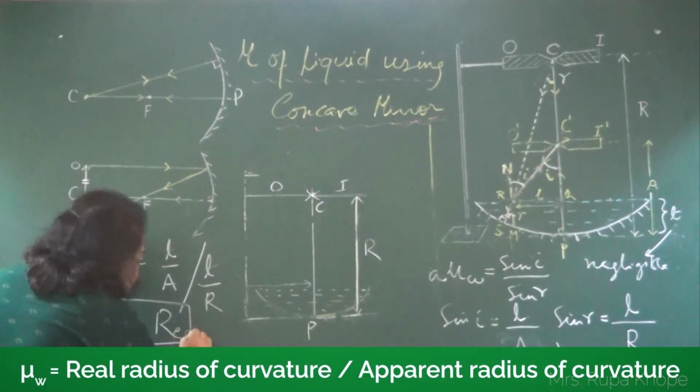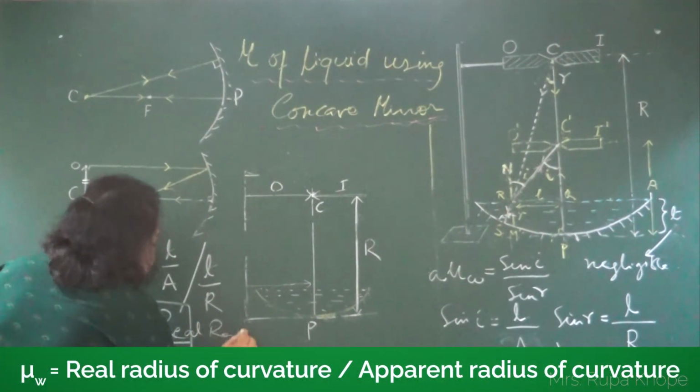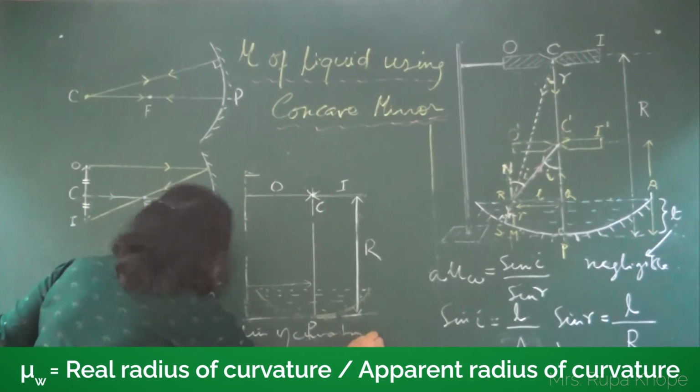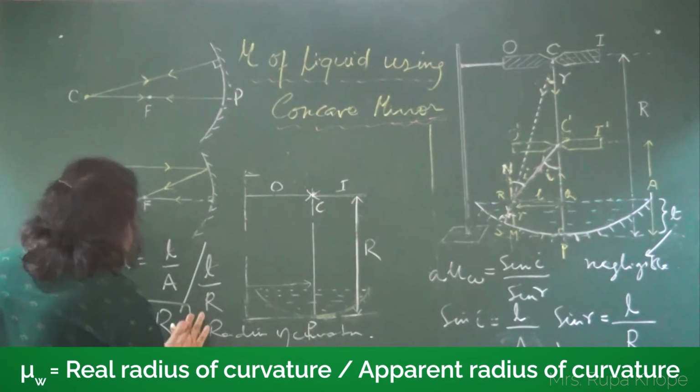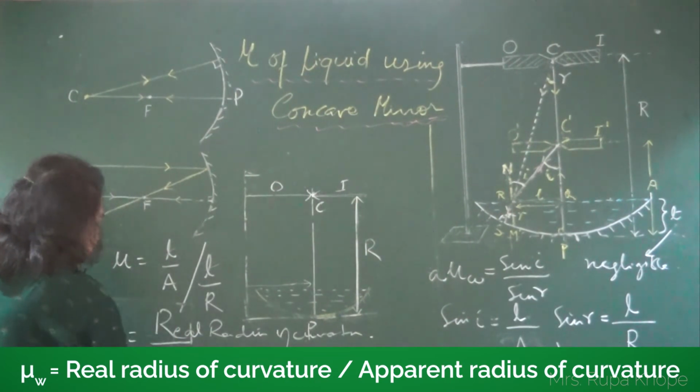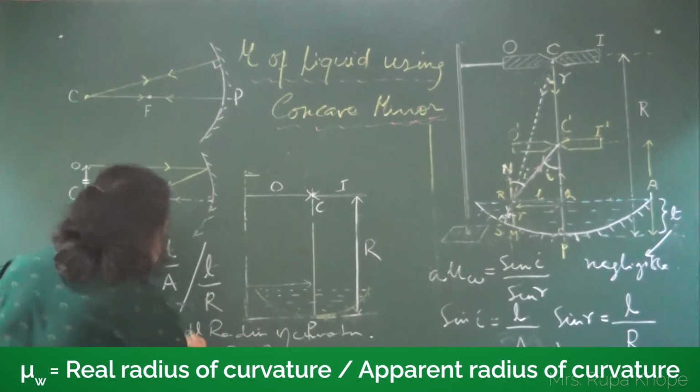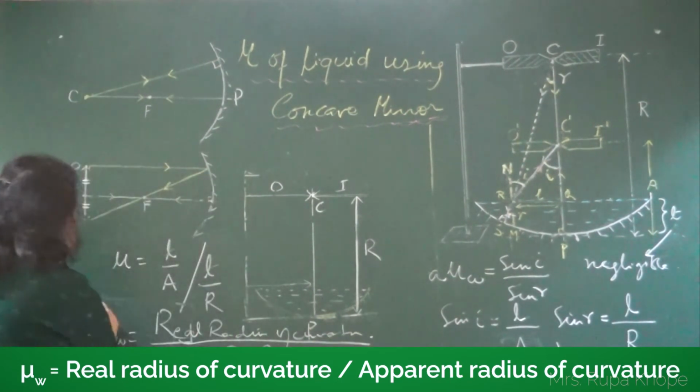Finally, mu of water is real radius of curvature divided by apparent radius of curvature. So this is the formula which we got.